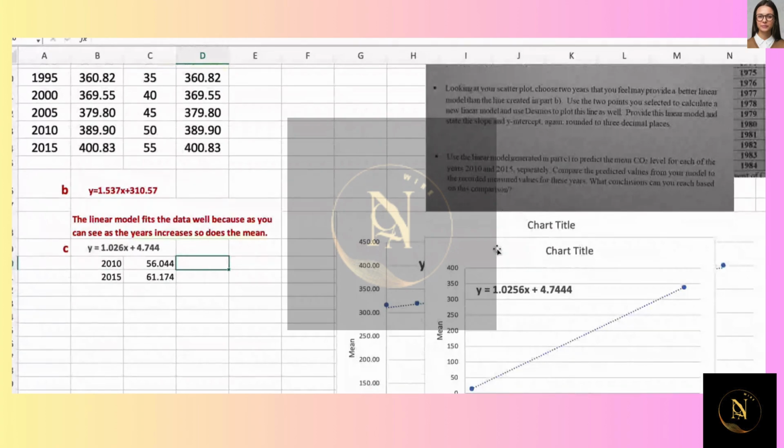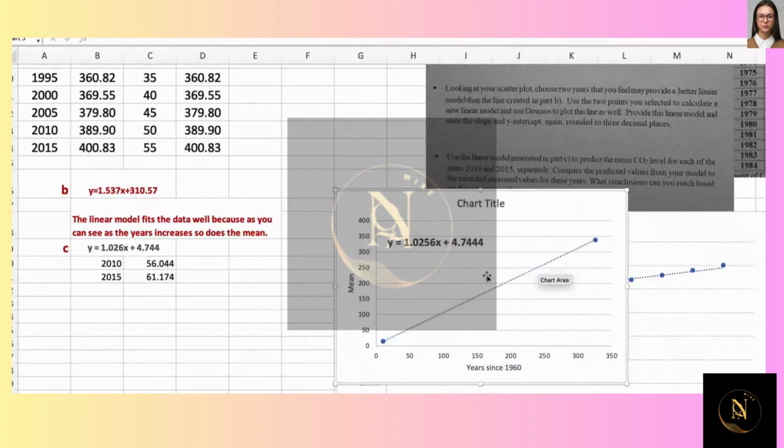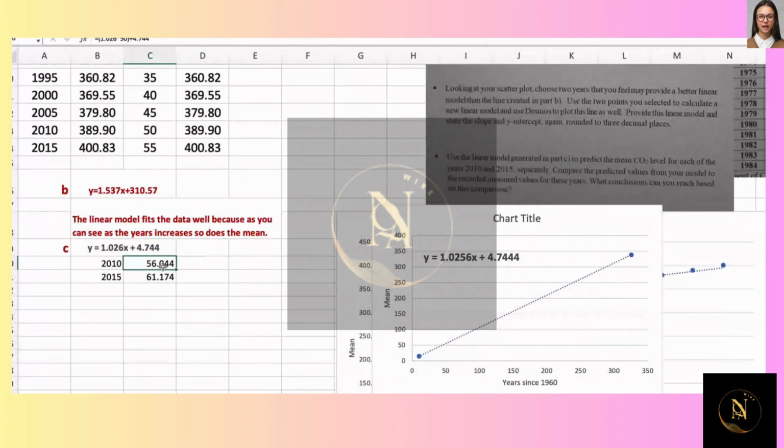So it's not completely accurate. Let me make sure that I did that right. 50. Oh, because the starting point, I need to change the starting point. The starting point needs to be at 310.57. That's why.